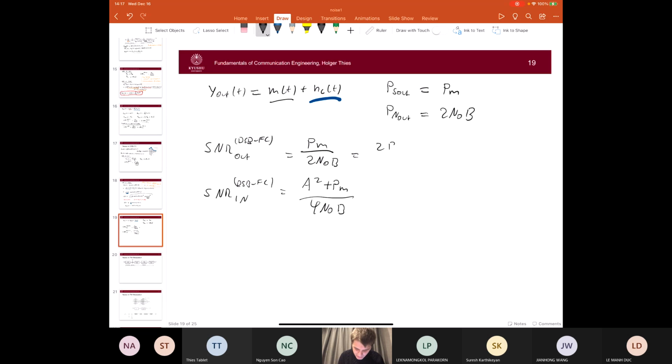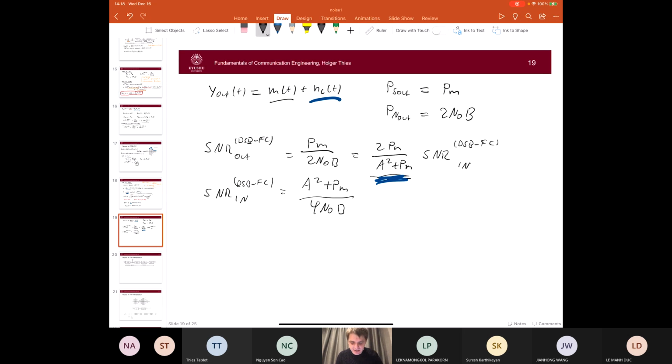It's 2 pm over a squared plus pm, this is the factor that we will get multiplied by the signal to noise ratio at the input.